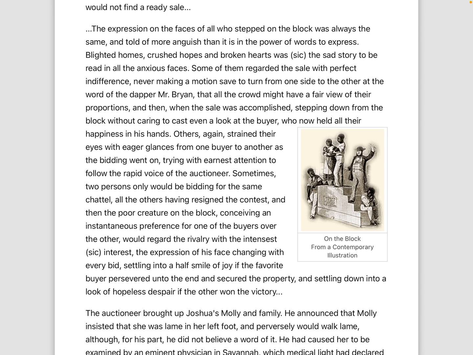who now held all their happiness in his hands. Others, again, strained their eyes with eager glances from one buyer to another as the bidding went on, trying with earnest attention to follow the rapid voice of the auctioneer.